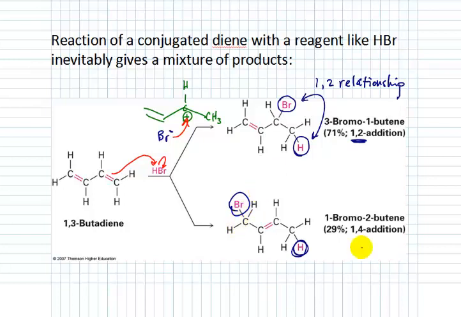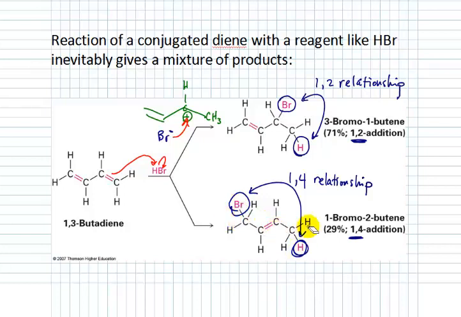So this is called a 1-4 addition. The bromine and the H are a 1-4 relationship. If one of those were attached to carbon 1, the other would be attached to carbon 4. Turns out that is how we actually name this compound.